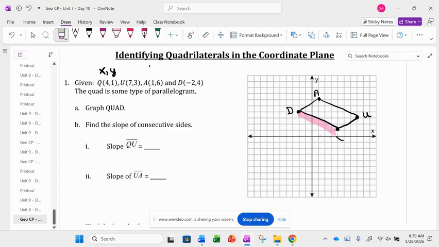Couldn't we go QA? Or what else could we have done? We could have done QD and QA are consecutive, or what else? QD and... What can be consecutive to QD?